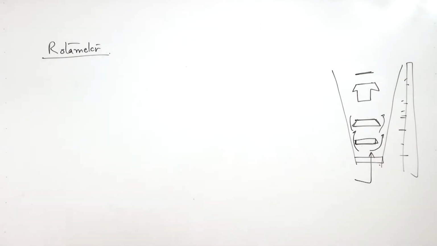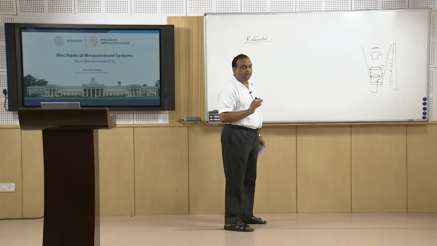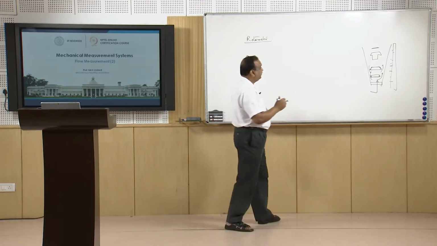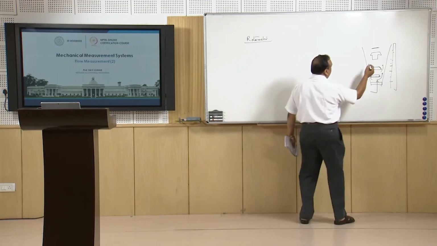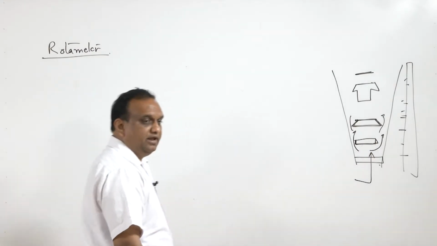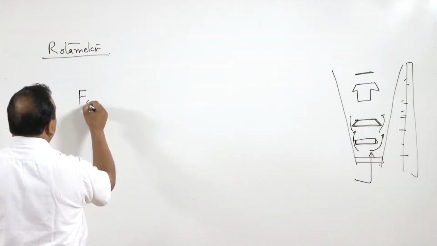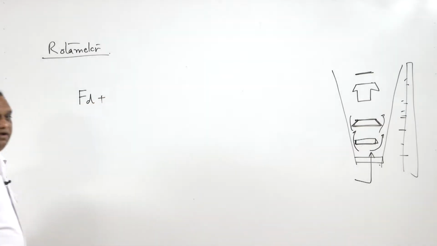Now, in this rotameter, there is a drag force which plays a major part. The drag force is created due to presence of this bob in the flow field. And this drag force, Fd, and the buoyancy force also work in this direction.